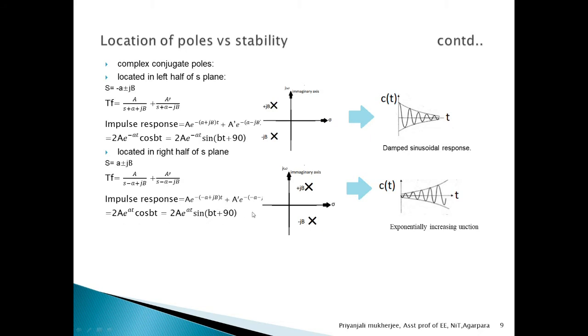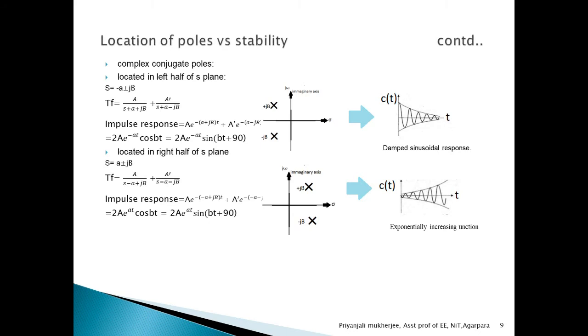If we find the impulse response, we will get e to the power at into cos(dt plus 90 degrees). So it is an exponentially increasing function, because when t goes to infinity, the output can be infinite. So it is not bounded. Hence, if the complex conjugate poles are located at the right hand side of the j omega axis, then the system is unstable.